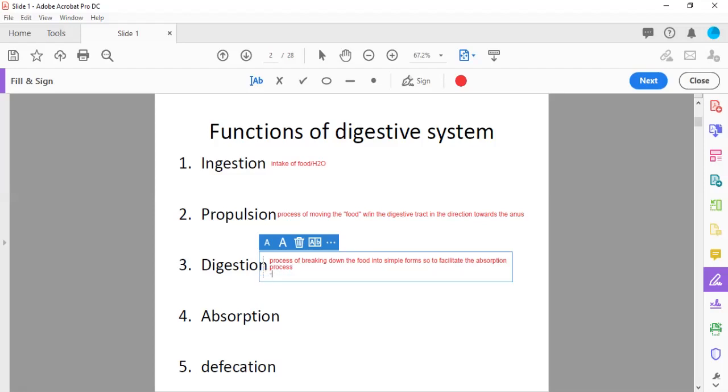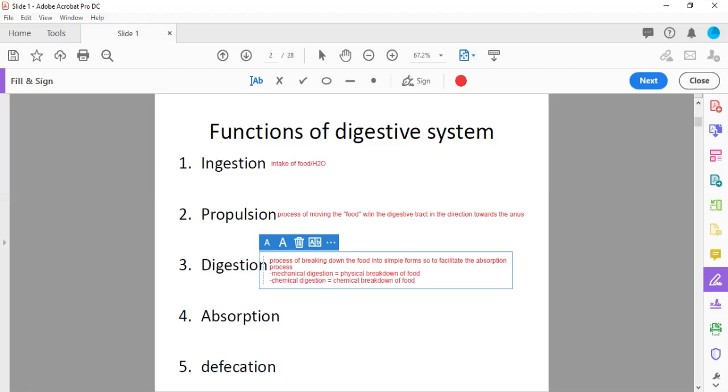We have mechanical digestion, which is defined as the physical breakdown of food, and chemical digestion, which is defined as the chemical breakdown of food.